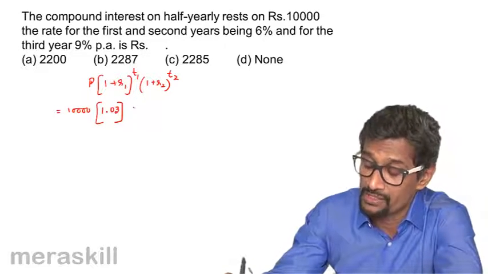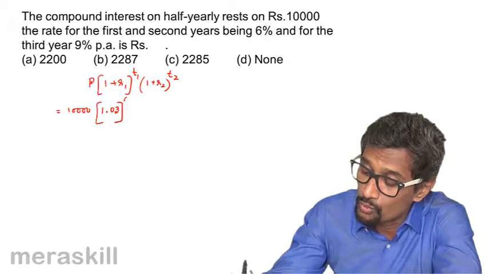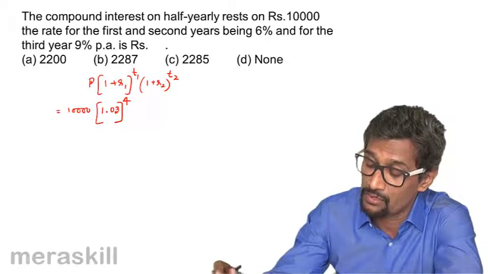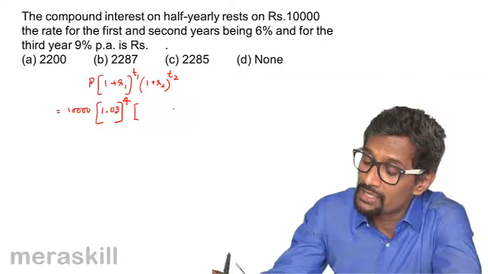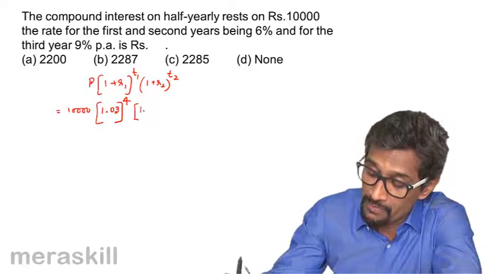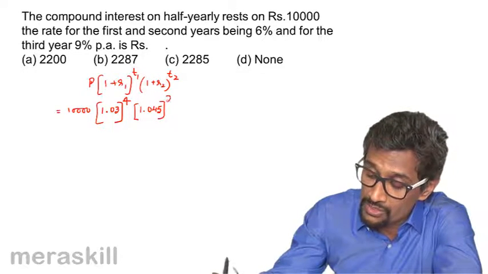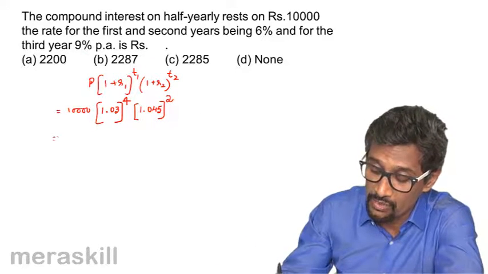There are 2 years, and there are 2 into 2, 4 such half years, because in each of the first and second year, there are 2 such half years. Into, and for the third year 9%, so it's going to be 1.045, because for 1 year it's 9%, so 4.5% for half year, and there are 2 such half year periods in the third year. So this is how we need to calculate.